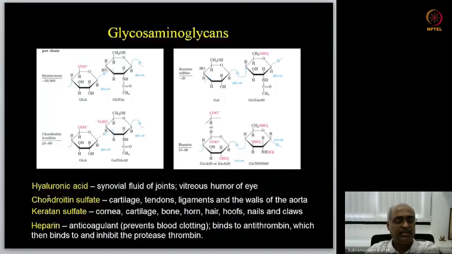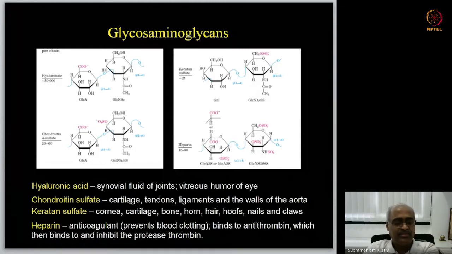In these molecules, the core protein is a smaller component of the whole molecule, and the major component is the carbohydrate part, which is multiple chains of chondroitin sulfate. So these are present in cartilage. For example, if you take your ear lobe, the outer part of your ear, that has a thick consistency. It is not like your skin, and at the same time, it's not like bone.